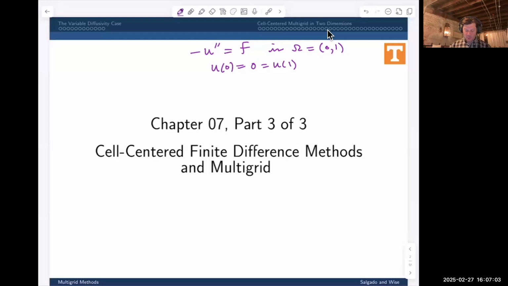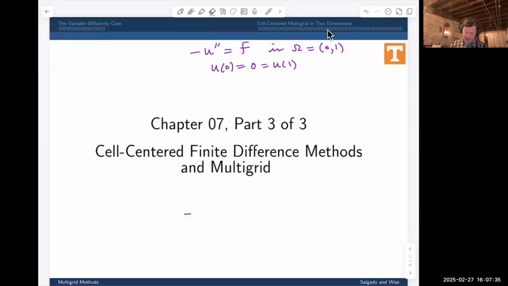The first one is, what if we have a coefficient in front of this? Well, I should say it like this. This second derivative, or minus the second derivative, can be thought of as the divergence of a flux, where the mobility or the diffusivity of that flux is a constant coefficient.